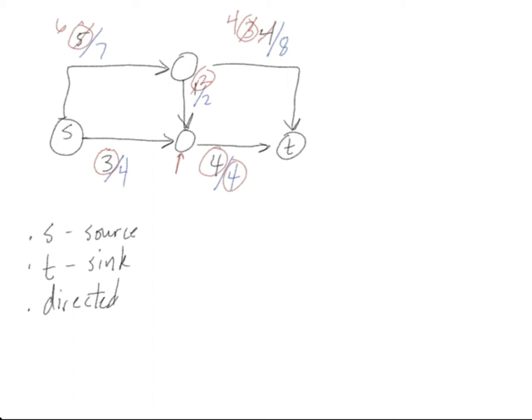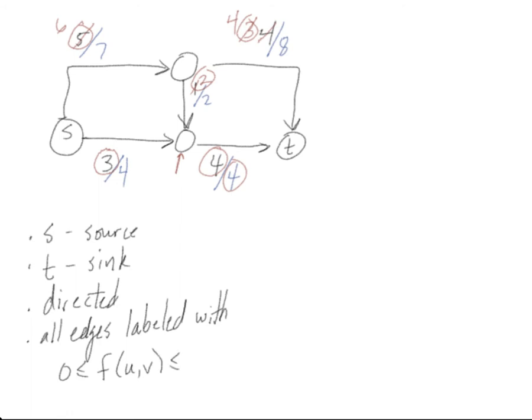All edges are labeled with a flow function value. And that's going to be less than the capacity.